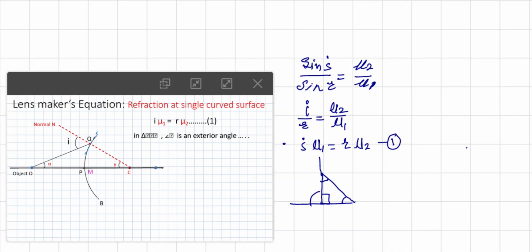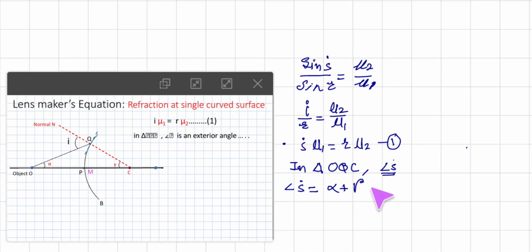So from this we can say, in triangle OQC, see, angle I is the exterior angle that you can see here, and therefore angle I is nothing but the addition of alpha and gamma, that is alpha plus gamma.